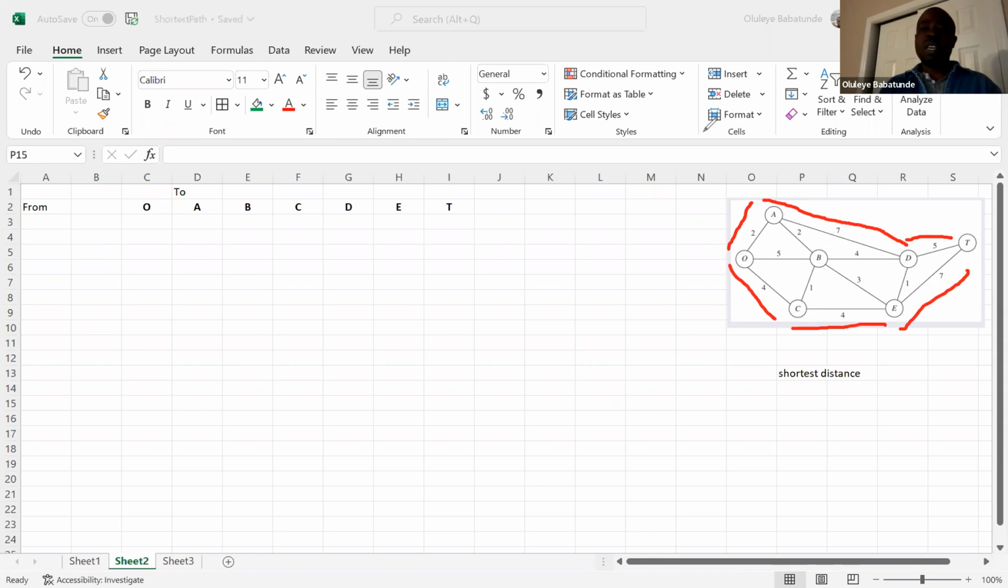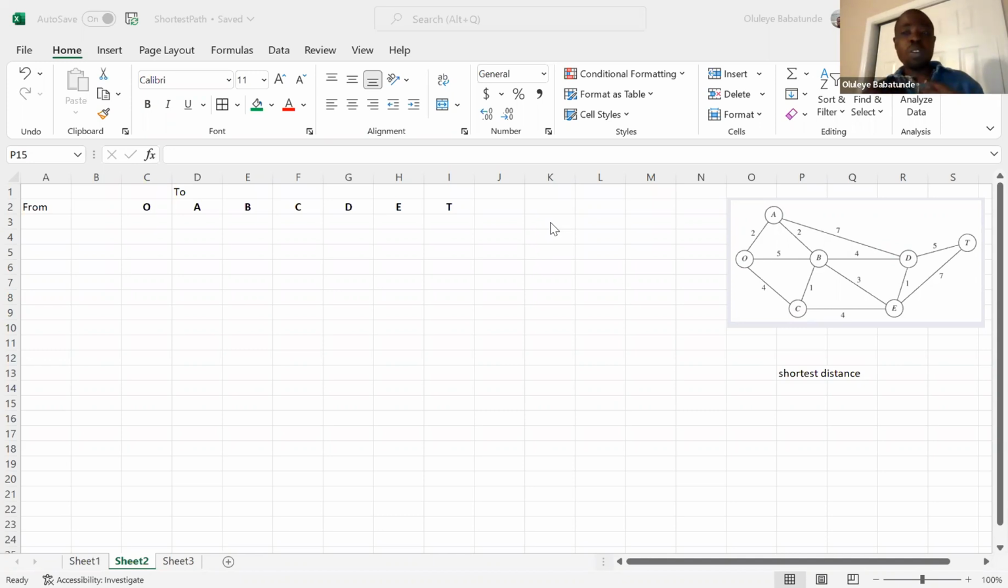Okay. Now, if you want to consider several paths, you will have several options to take. One of them will give you the longest distance. One, of course, will give you the shortest distance.